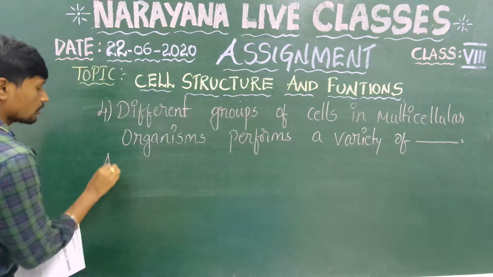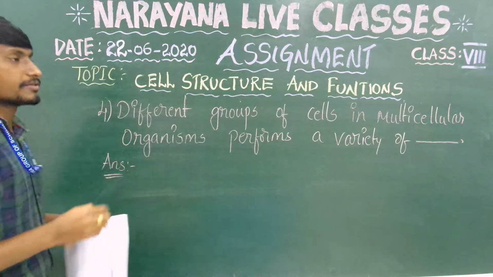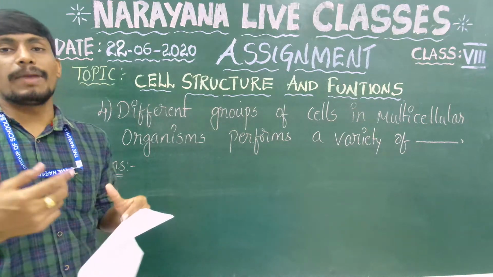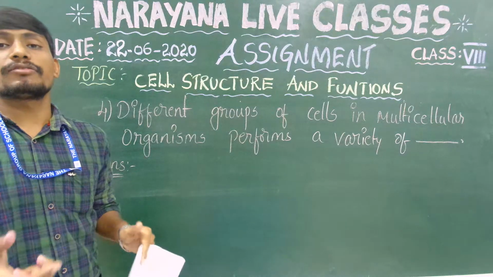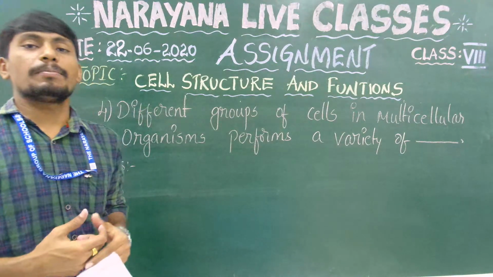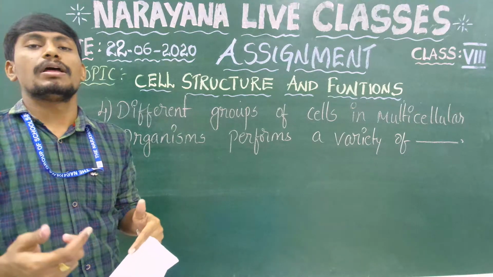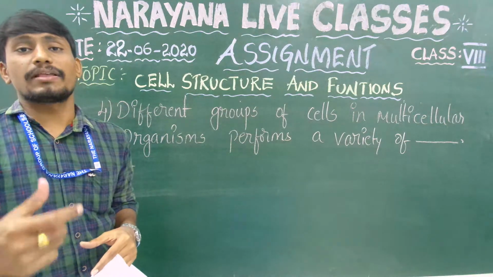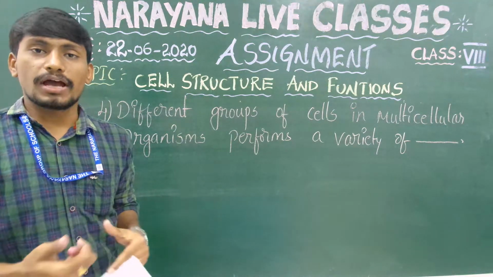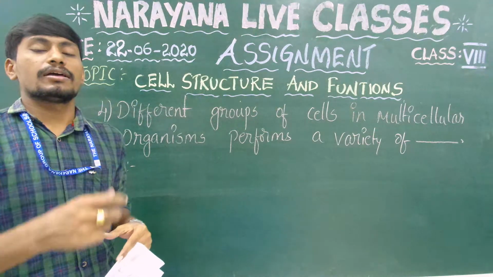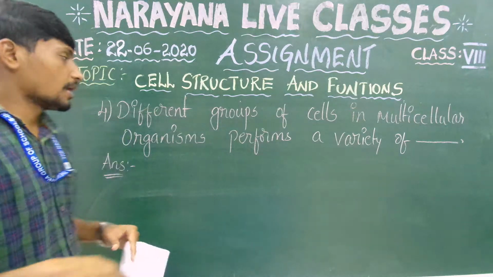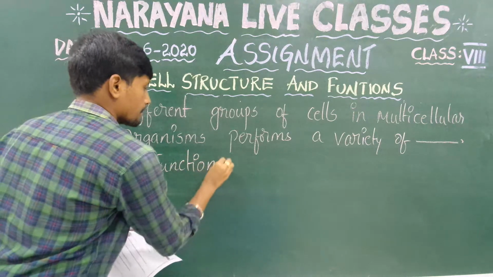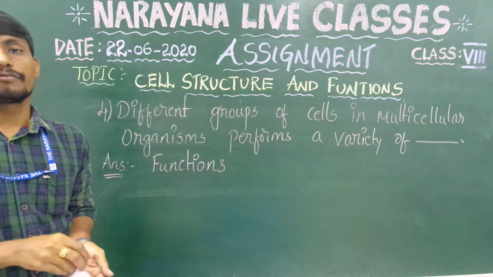Here the answer is, generally we all know we are multicellular organisms with trillions of cells. All the cells present in our body do not do the same function. For example, the cells present in the digestive system do the digestion process. The cells present in respiratory organs like the lungs do the respiratory function. Similarly, cells differ in their functions. The answer is functions.